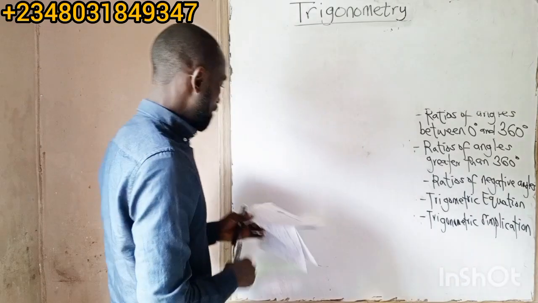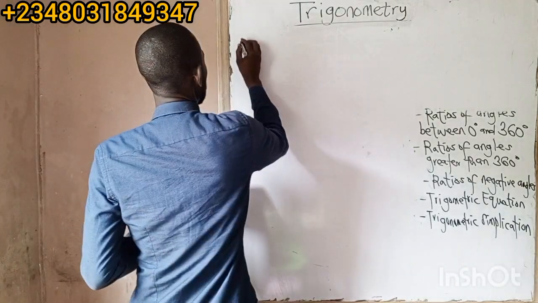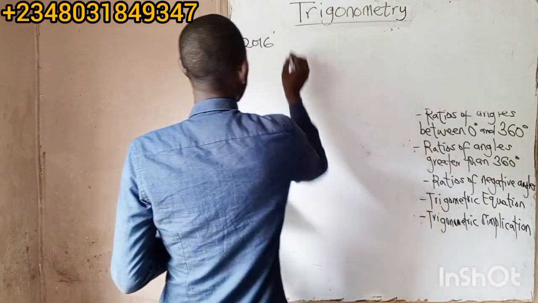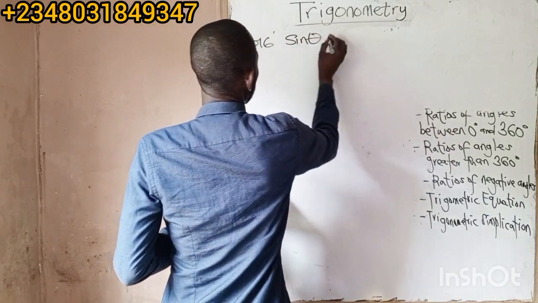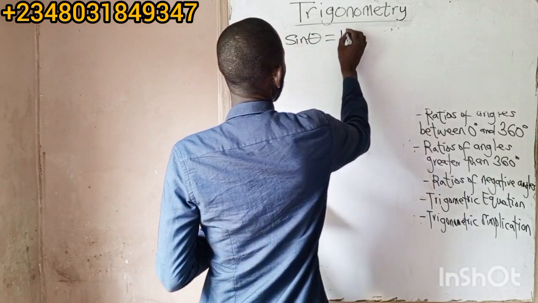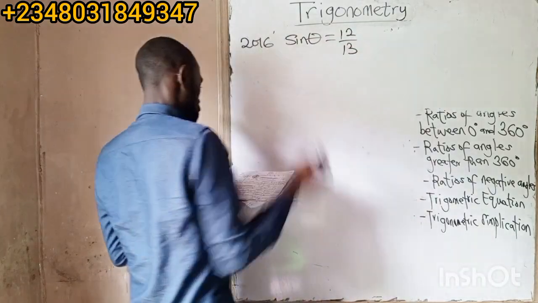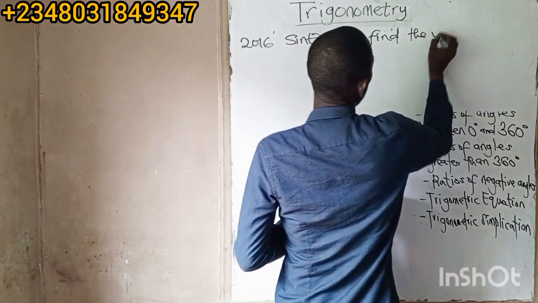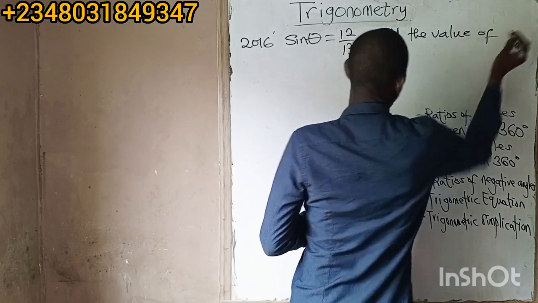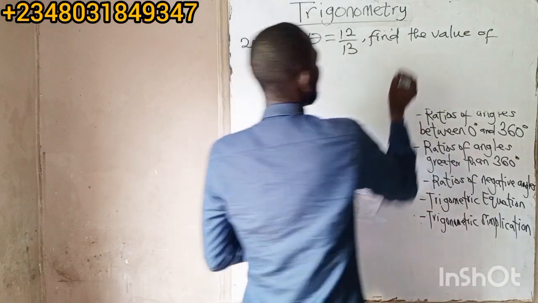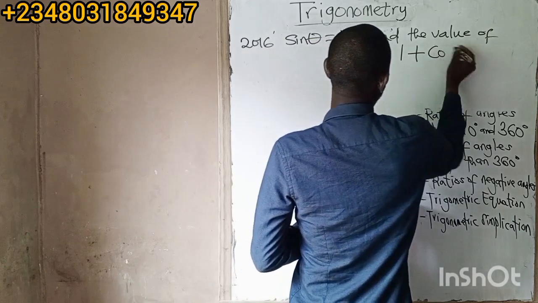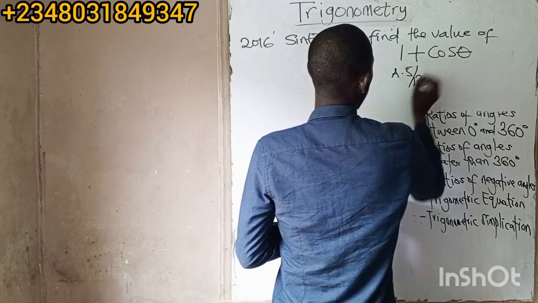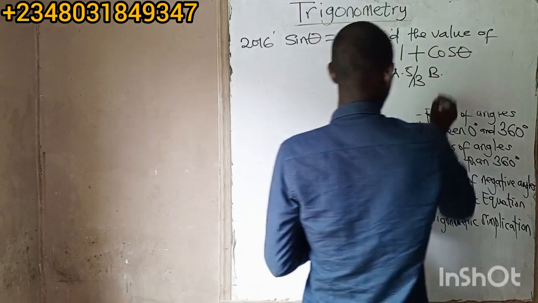Look at this. 2016 JAMB question. It says if sine theta is given as 12/13, see, this is the given ratio, we're asked to find the value of 1 plus cot theta. We're now given the options. A, we have 5/13. B, we have 12/13.